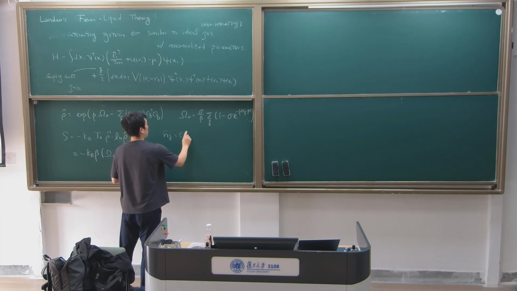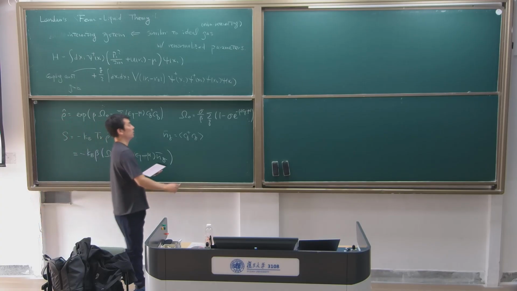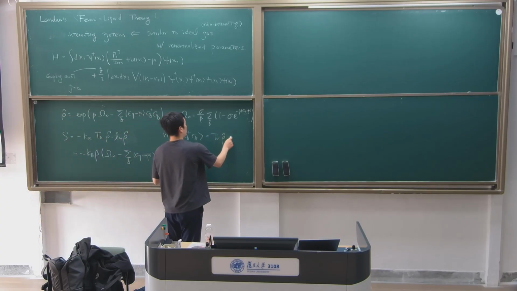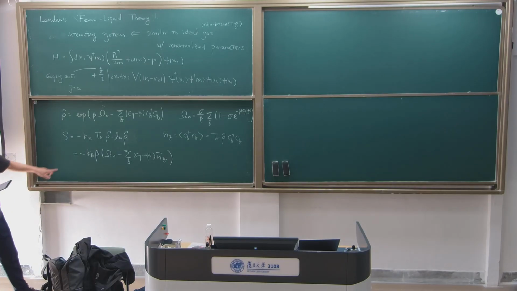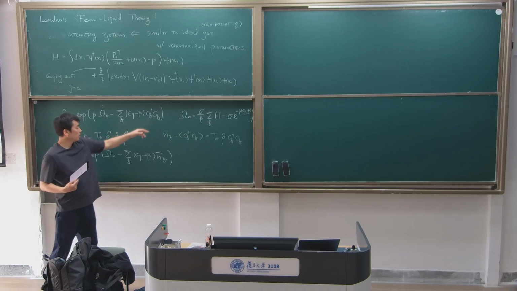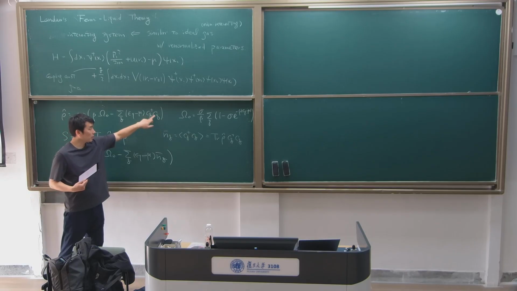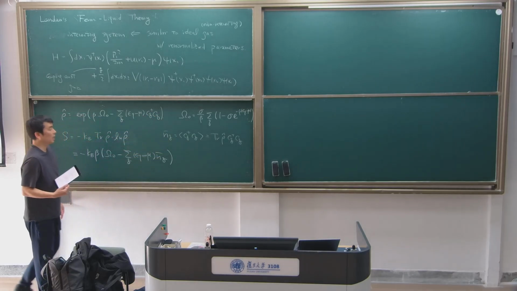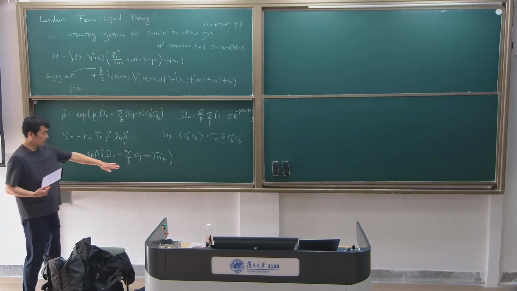The expectation value of the number operator n_q, which can be understood as a trace of rho times n_q. So if you put in the expression and take the log, you calculate by tracing over rho, and you get the number expectation value at each state q. q is a single-particle state.